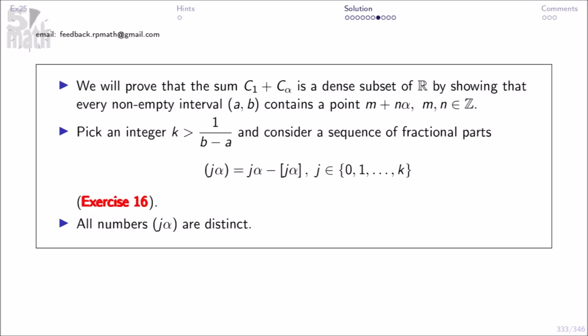We will prove that the sum C_1 plus C_alpha is a dense subset of R by showing that every non-empty interval (a, b), exclusive, contains a point m plus n alpha, m, n integers.